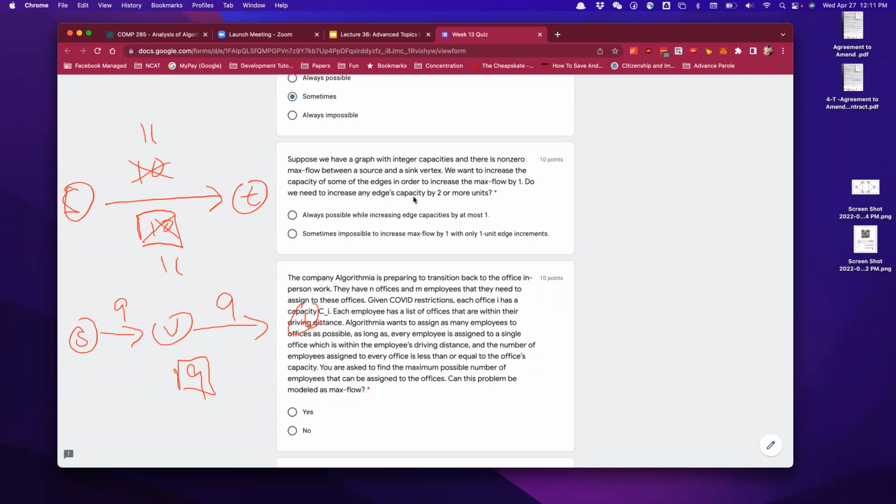You're going to have a graph, you're going to have a max flow. So you're already pushing as much as you can through it. Now your task is, I want to increase the flow by 1 unit. The question is, can I always do that by increasing as many edges as I want just by 1? Or are there cases where I may have to increase some edge by more than 1?